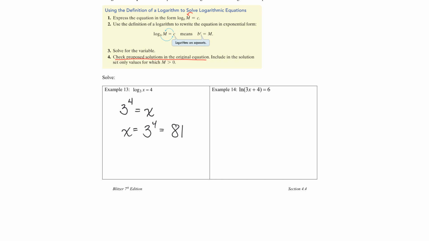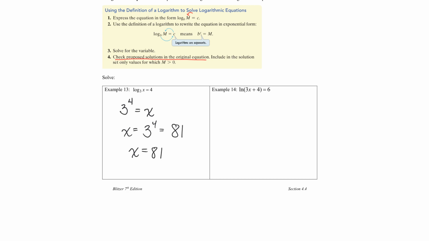Now, if I had gotten log to the base 3 of negative 81, well, I know that I cannot take the log base 3 of a negative number. In other words, the domain of this logarithmic function is all values x that are strictly greater than 0. Well, 81 is within that interval, and so that proposed solution is, in fact, a valid solution. And we may conclude that x is equal to 81.